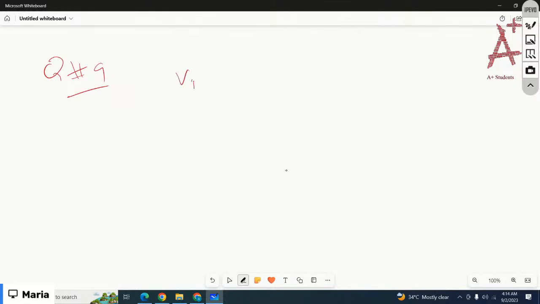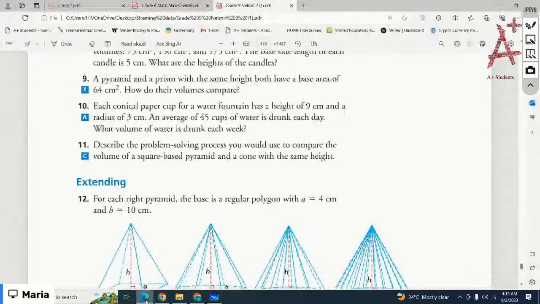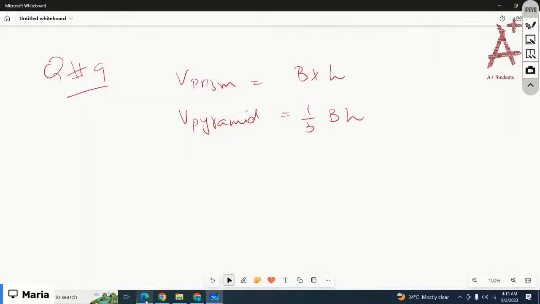The volume of the prism is base times height, right? And the volume of the pyramid is 1 by 3 times base times height, right? So you are given their base area is 64 centimeter square, right?